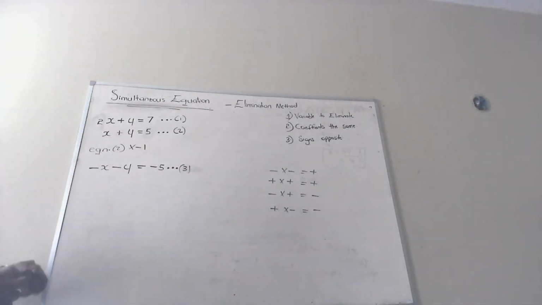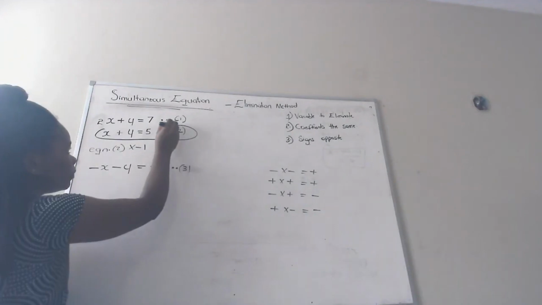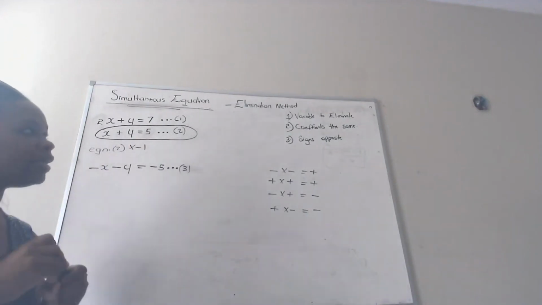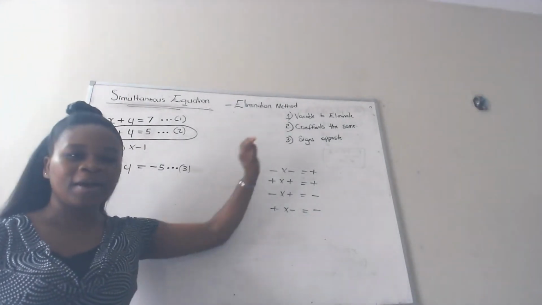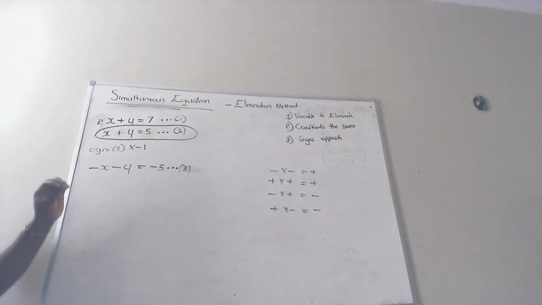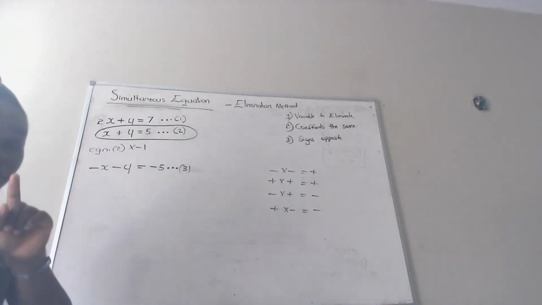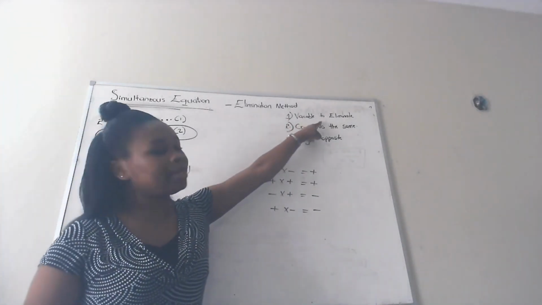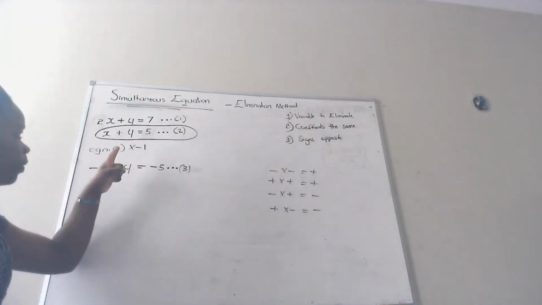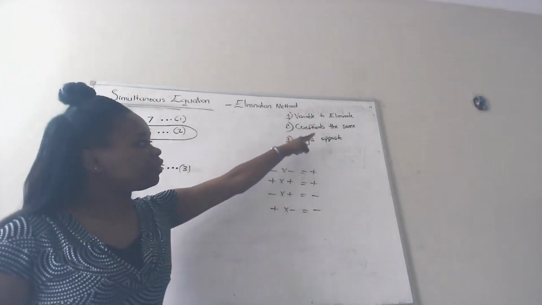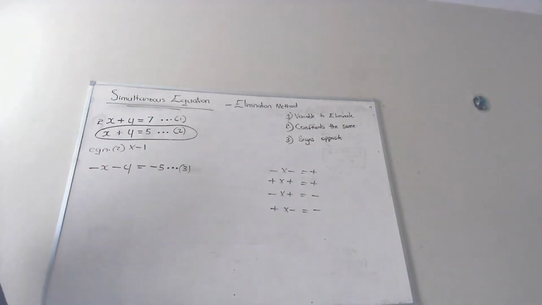So we have transformed equation 2. Let's now see if all 3 steps are satisfied in equation 1 and 3. Remember, we're eliminating y. That's the variable. Are the coefficients the same, the number that's in front of them?